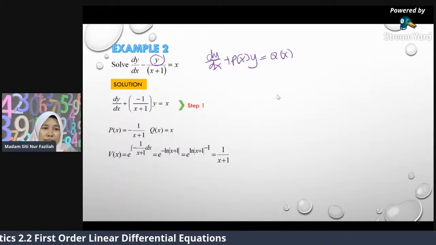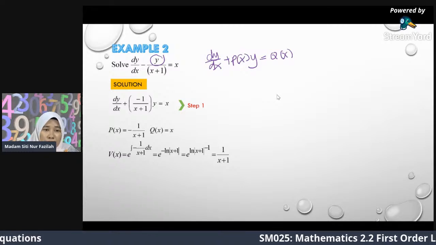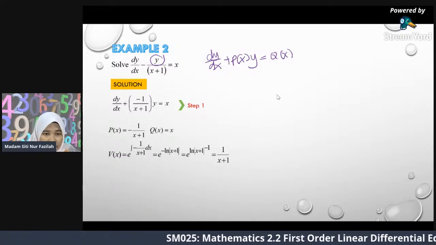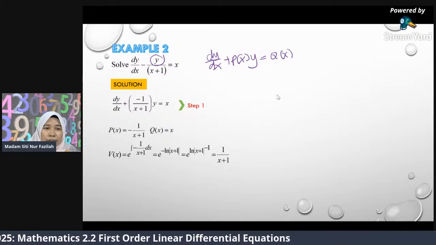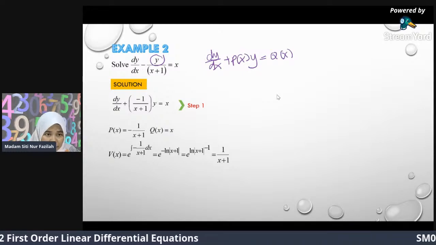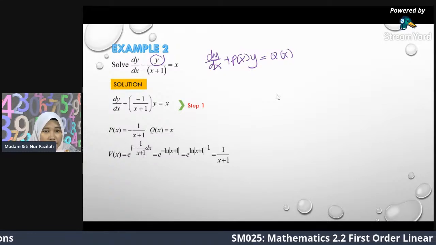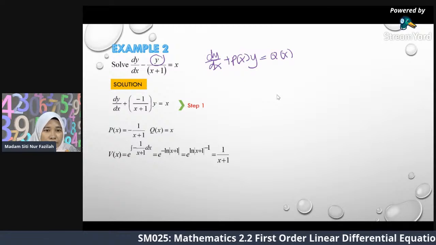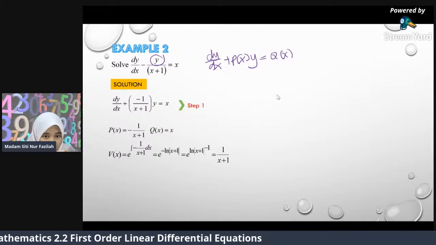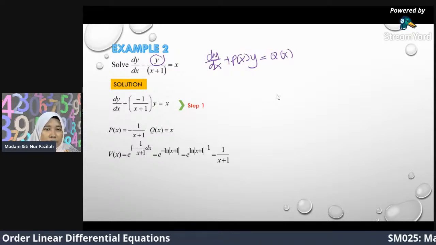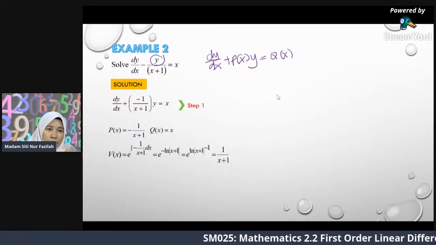We need to find Vx, the integrating factor. We need to compute exponent of the integral of negative 1 over x plus 1 dx. We get exponent of negative ln absolute x plus 1, which is x plus 1 to the power of negative 1. Then simplifying the exponent of ln, we get 1 over x plus 1.